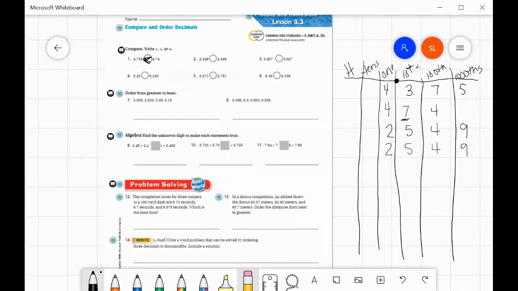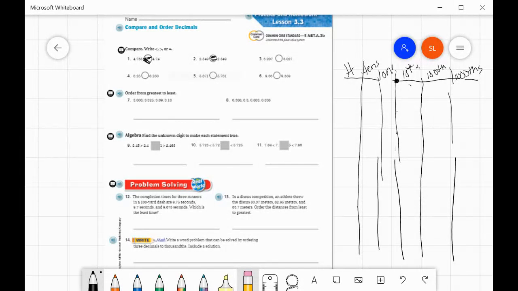So we're going to put an equal sign because they are equal. All right, let me erase some of these. Not the best drawing, but all right, next one.